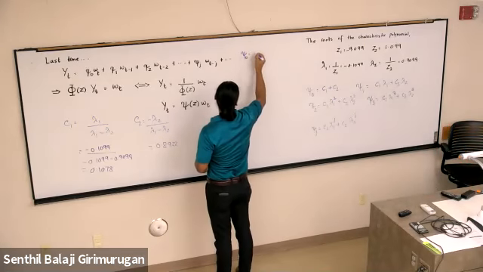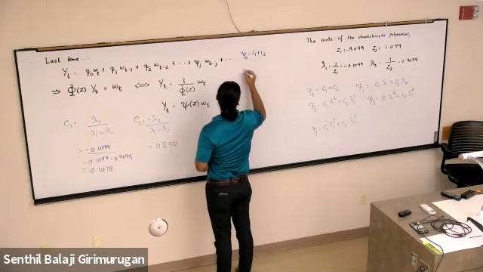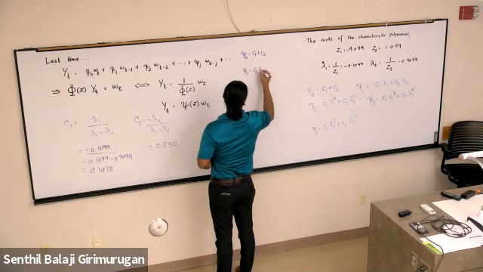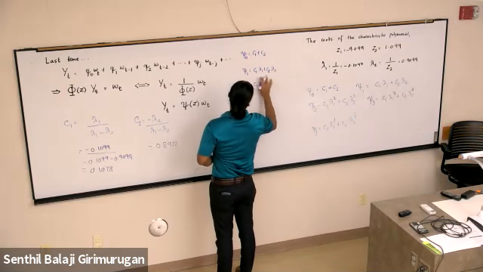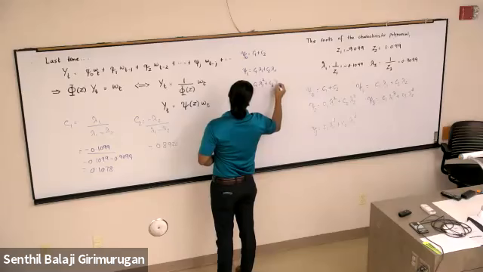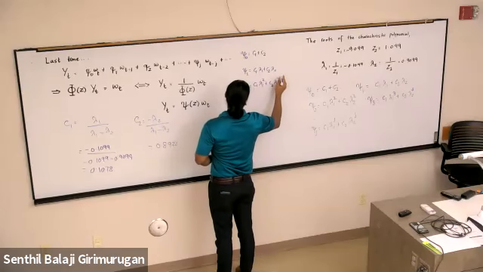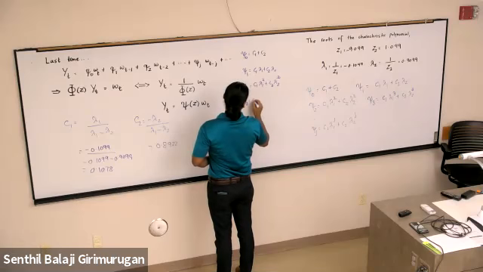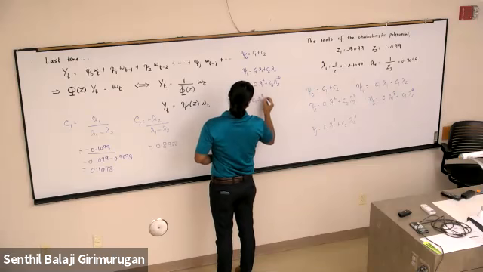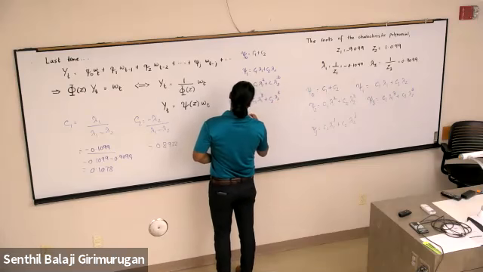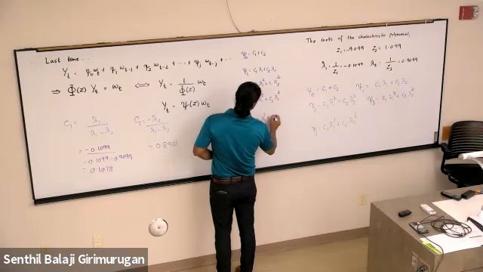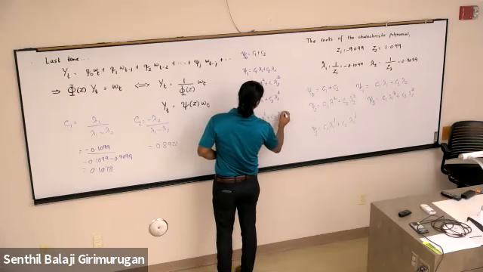So let's go ahead and find psi 0, psi 1, psi 2, psi 3, and psi j.